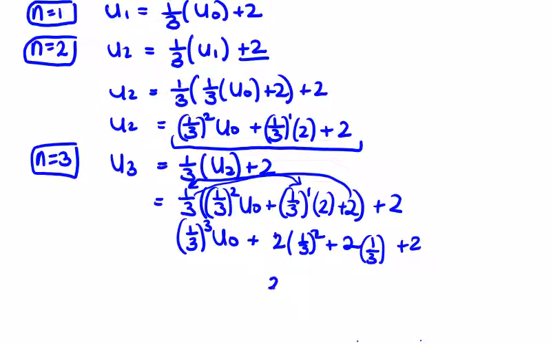So if I factor out my 2 from this expression, I'm going to have a third to be squared, which is n minus 1, because we're on a u3, plus a third to the power of 1, and I'm factoring out the 2, so that would be plus 1.